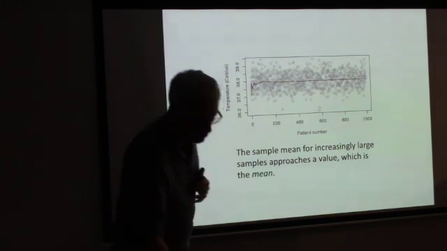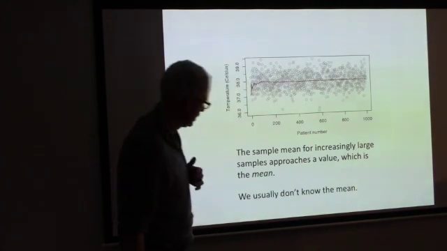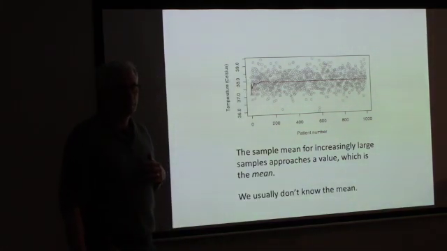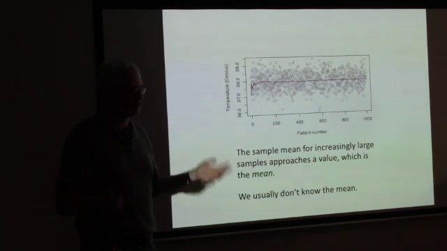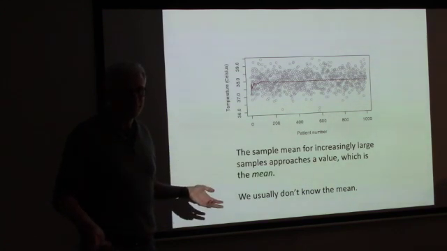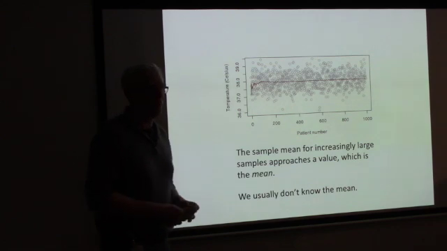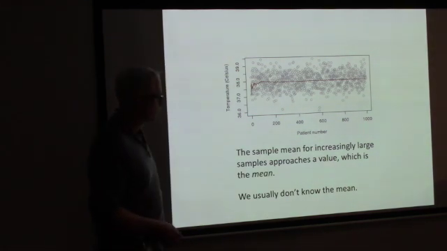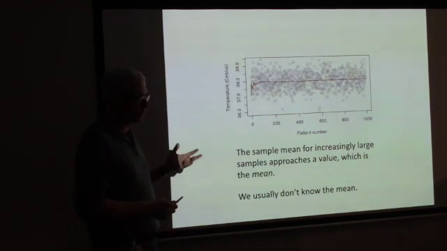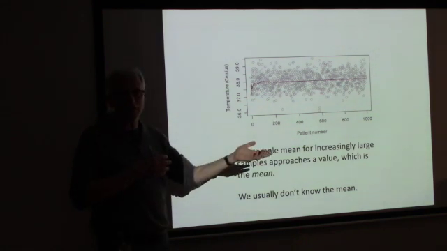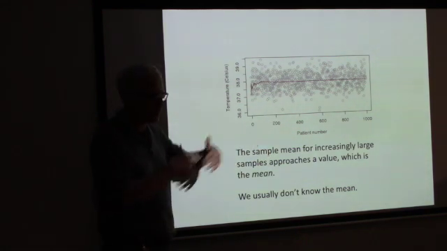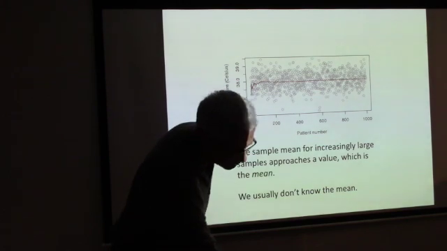And we usually do not know what the mean is. Right? I mean, if I ask you what is the mean temperature of the citizens of the United States, you don't know. Nobody ever measures everything. So all we have typically is sample means, but we imagine there's a mean out there that we could approach by having bigger and bigger samples.